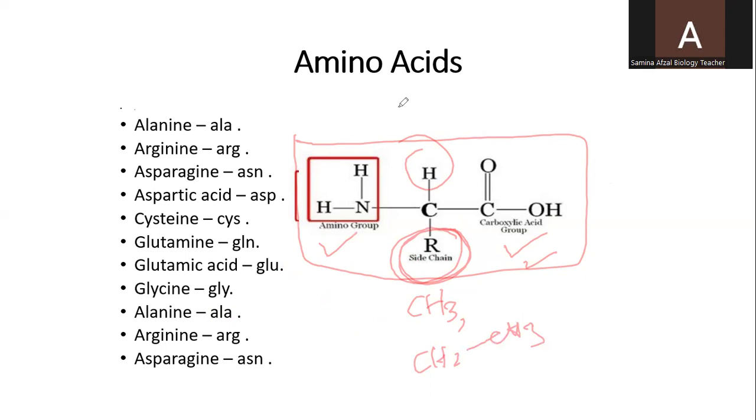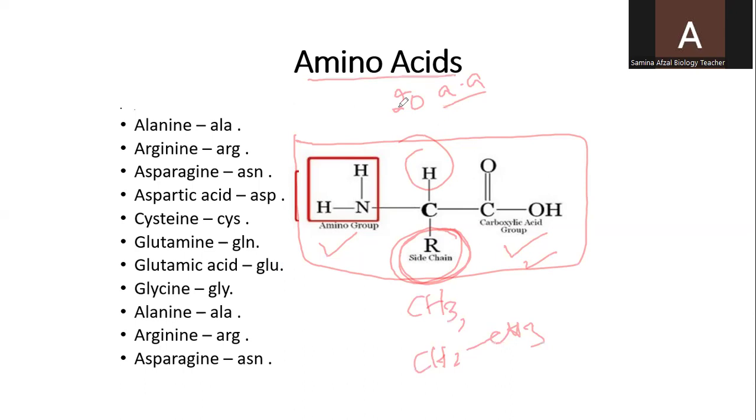And then here you can see amino acids. Naturally 20 amino acids are there, and some of them are alanine, arginine, asparagine, aspartic acid, cysteine, glutamine, glutamic acid, glycine. So these are some of them which are naturally occurring. These 20 different amino acids join together to make one protein.